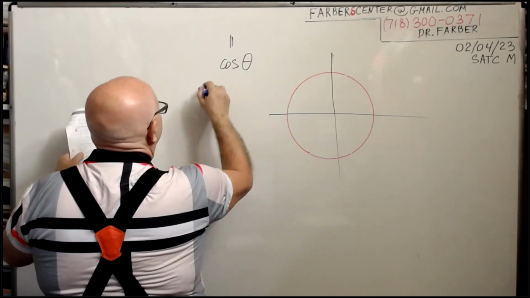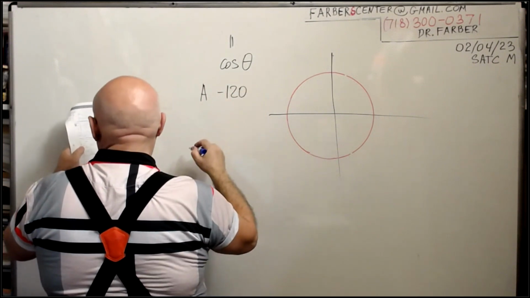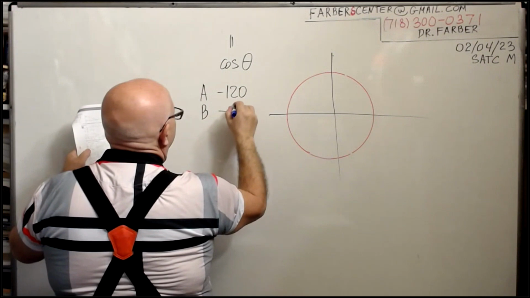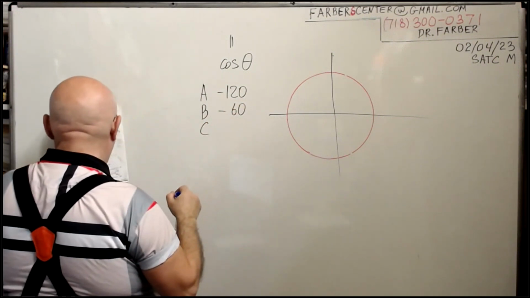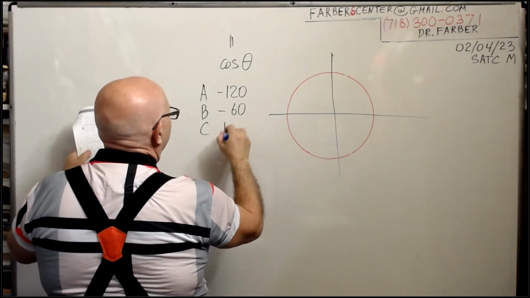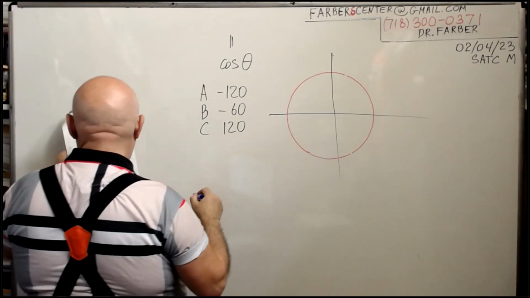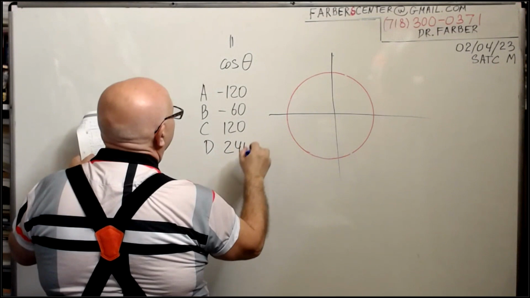We have a, -120, b, -60, c, 120, and d, 240.